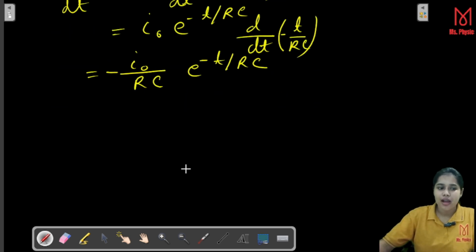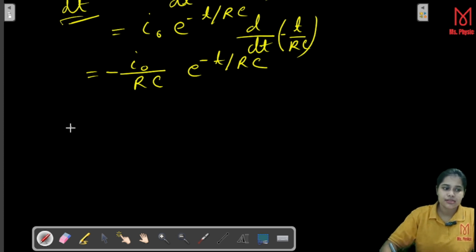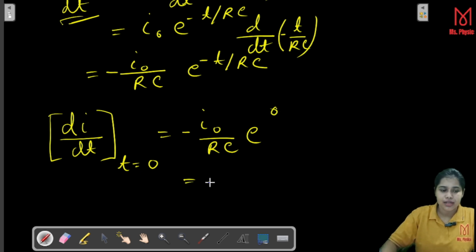Clear? Now for t = 0, you have to find this rate of change of current, di/dt. Very easy. You just put the value t = 0, so e to the power 0 is 1, and we get the value −I₀/RC.